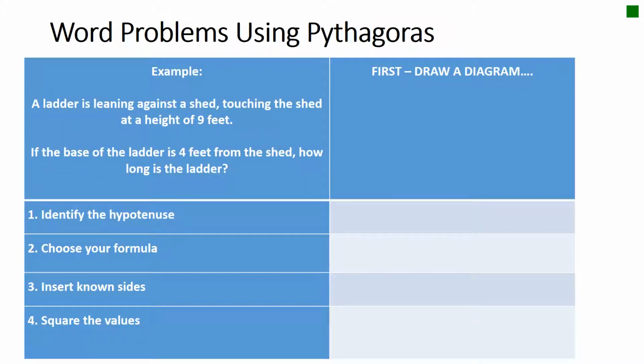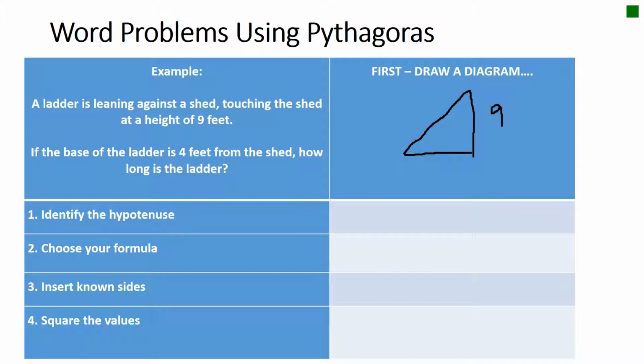Okay, so this is a typical word problem. So we have a ladder leaning against a shed, touching the shed at a height of 9 feet. So I'm going to start with my diagram. So we're 9 feet up the wall, and the ladder is on its side. Okay, I apologize for my not straight lines.